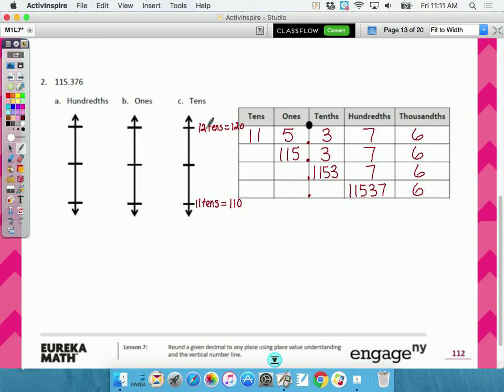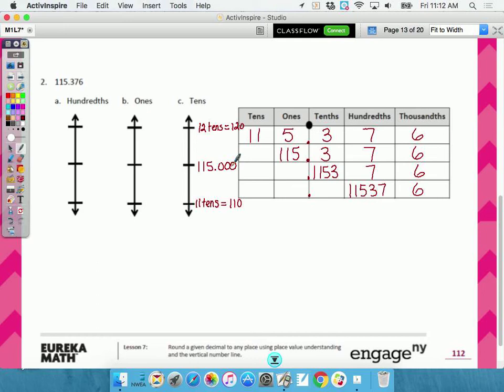If I have 110, it's a whole number, and 120 on a number line, what's halfway between, Katie? 150. 115. Okay, now here's the problem. Cooper, what place value does the number I'm rounding go out to? Thousands. So I have to carry my midpoint out to thousands.